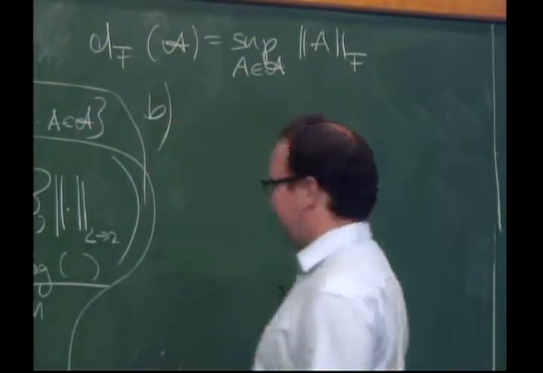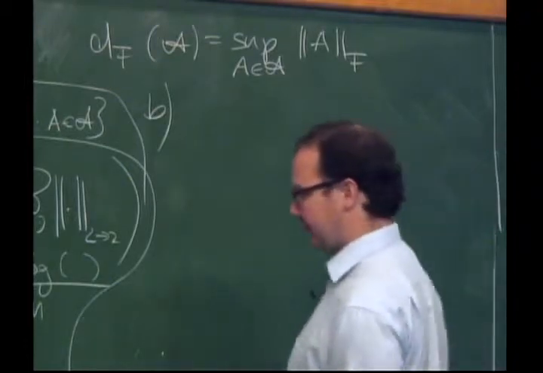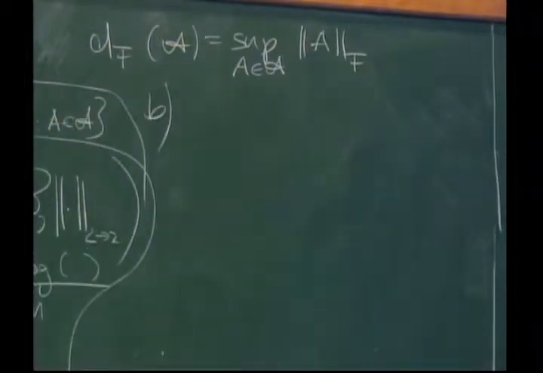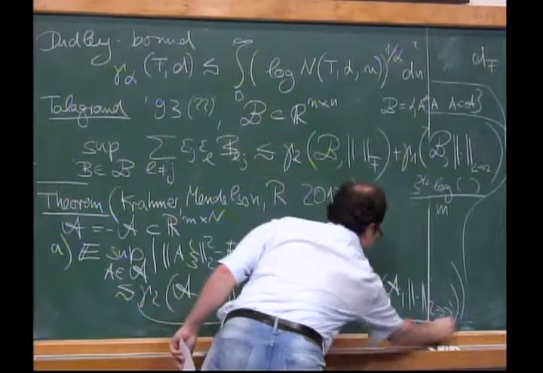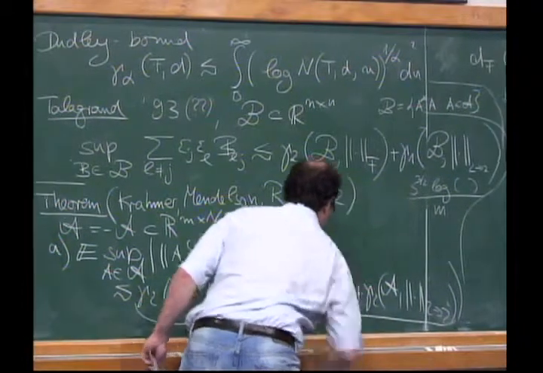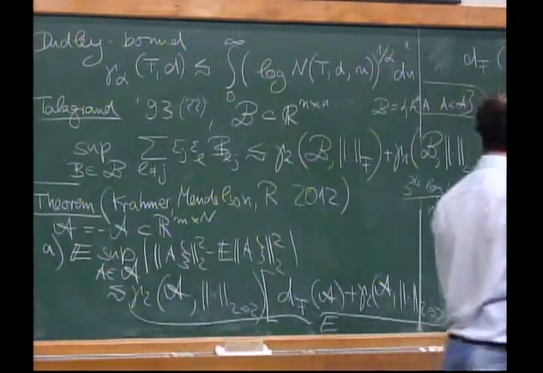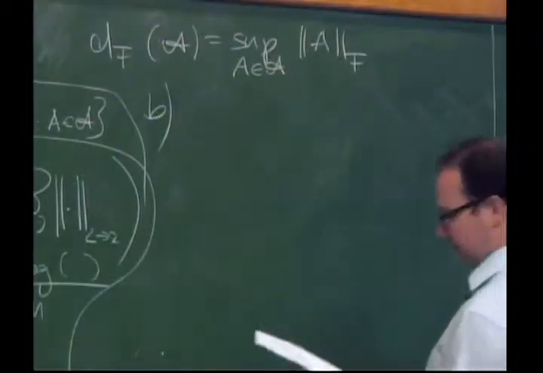Okay, and the second part: let's call this thing here E, which is a bound for the expectation.